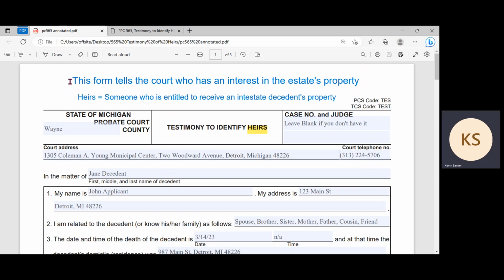And then up above, broadly speaking, this form is telling the court who has an interest in the estate's property. So that's in general what this form is trying to get out about the decedent.